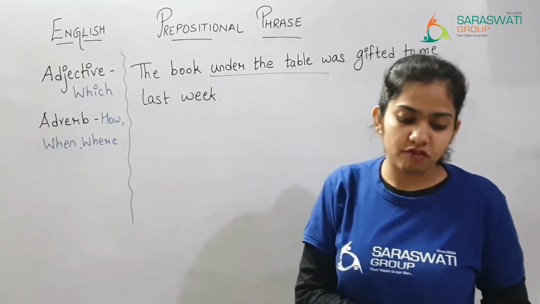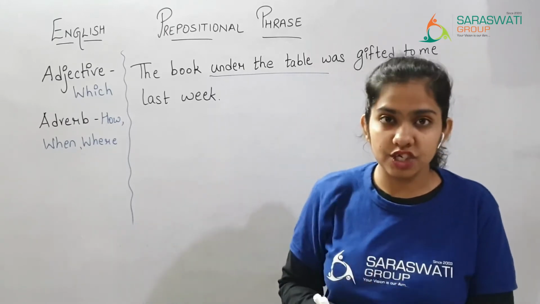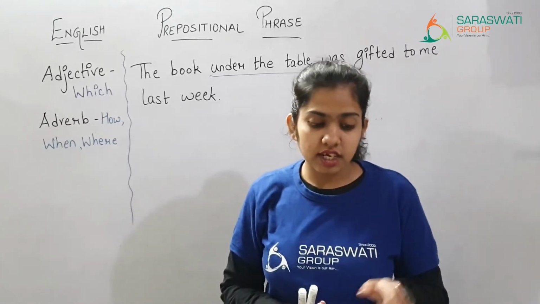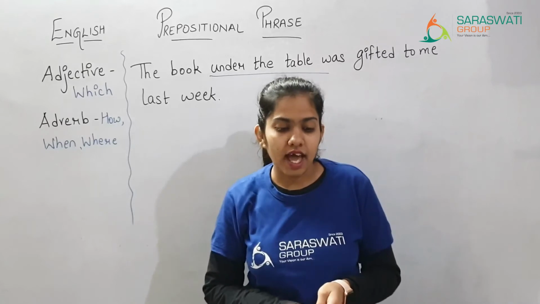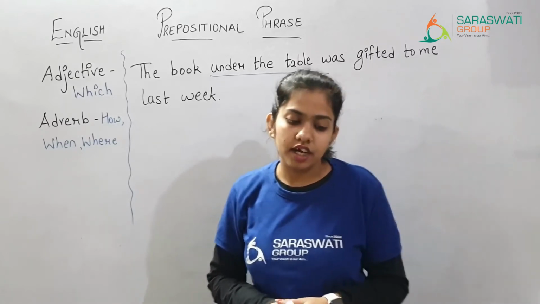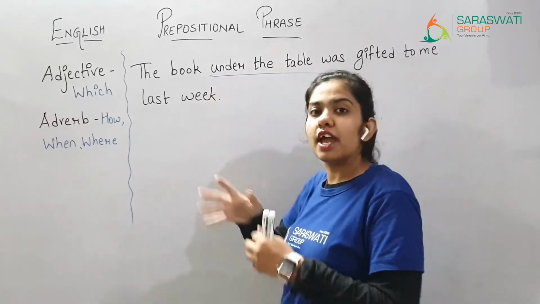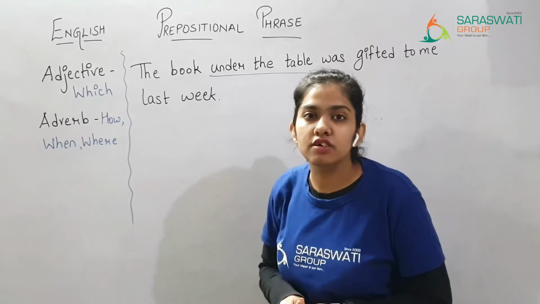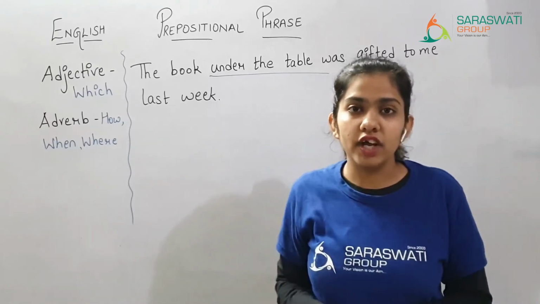So a prepositional phrase acts as an adjective in a sentence that answers the question which. It helps us to identify a noun in the sentence, and by asking the question it gives a clear idea where the thing is located, right?